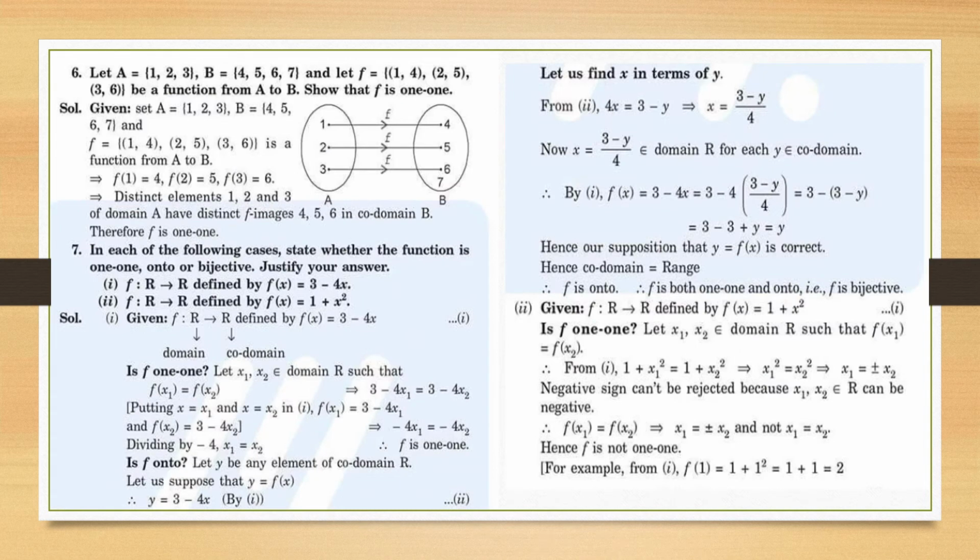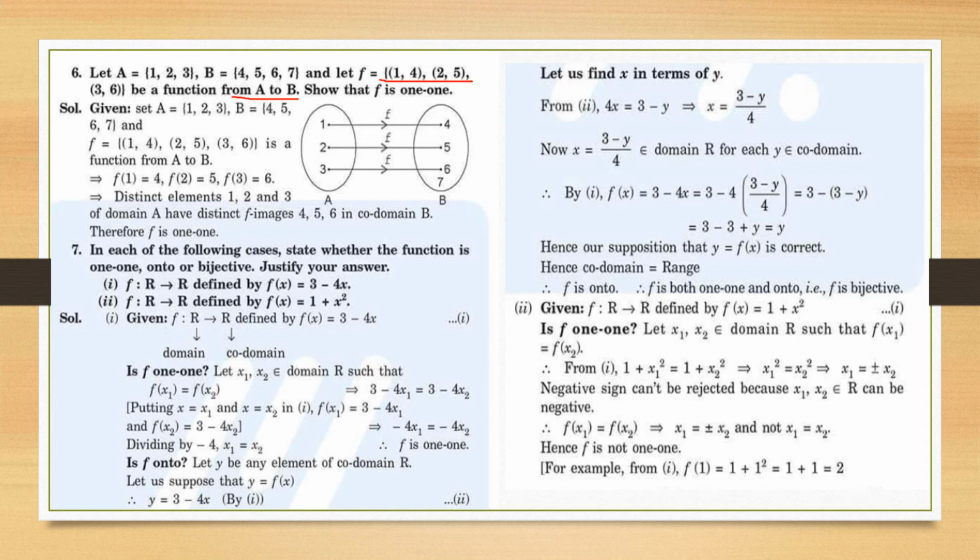Number 6 is, let A be {1, 2, 3}, B be {4, 5, 6, 7}, and let f = {(1,4), (2,5), (3,6)} be a function from A to B. Show that f is 1-1. So see the arrow diagram from here. 1, 2, 3 elements are there from the domain set, and this is your 4, 5, 6, 7.